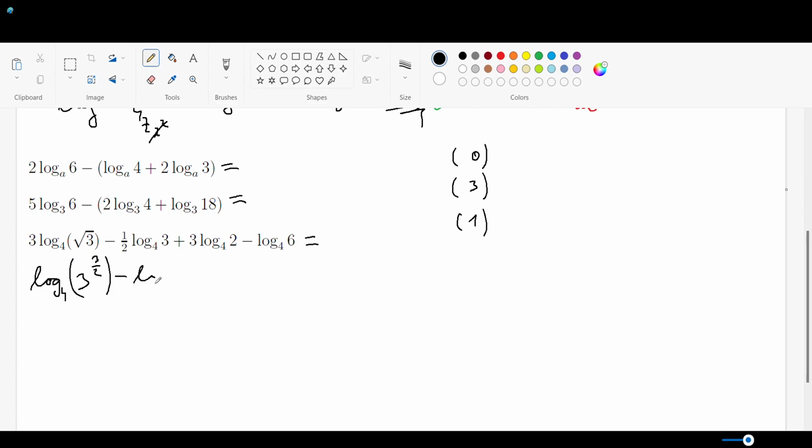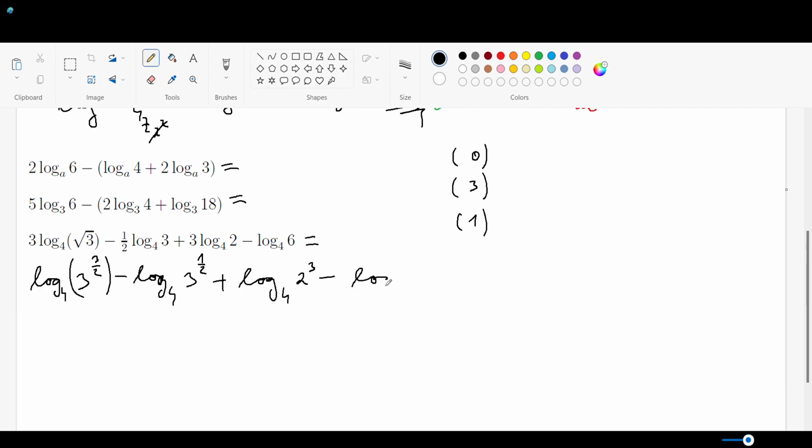Take away logarithm base 4 of 3 to the power of 1 over 2 plus logarithm base 4 of 2 to the power of 3.